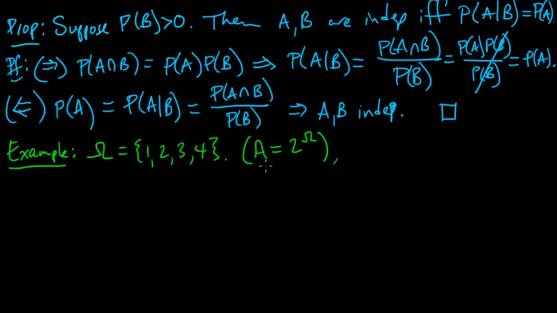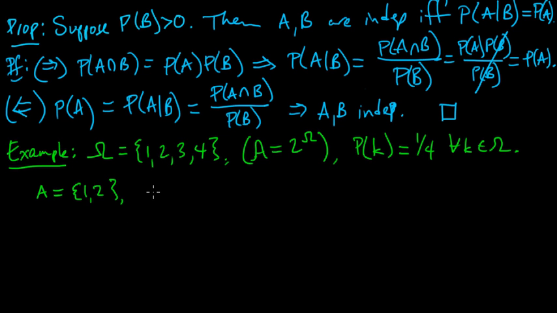And we're going to define our probability measure, P, to be uniform. So we'll just take P of k to be 1 over 4 for all k. Now let me define some sets. So we'll define our A. It's a different A, this is script A, this is just regular capital A. This is the event A. The event B will be 1 and 3. And the event C will be 2 and 3.